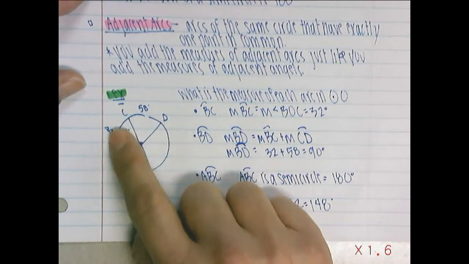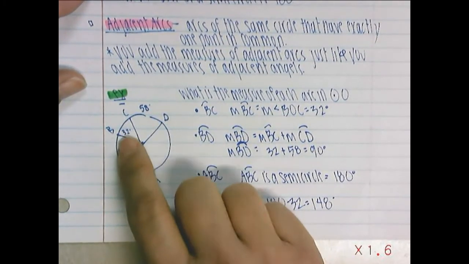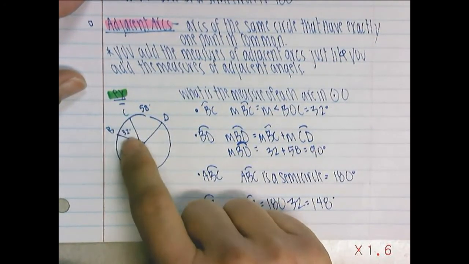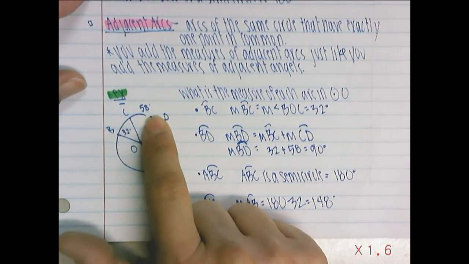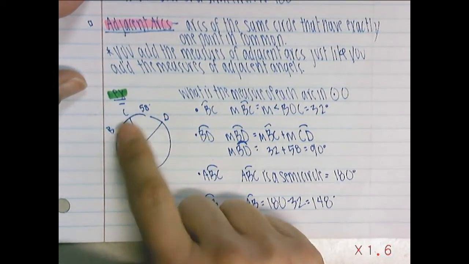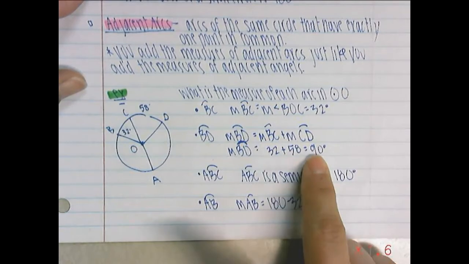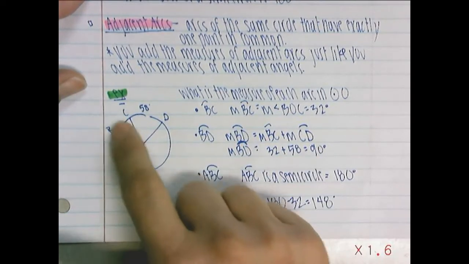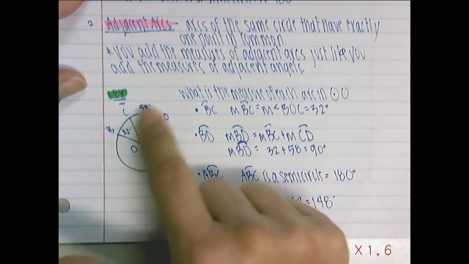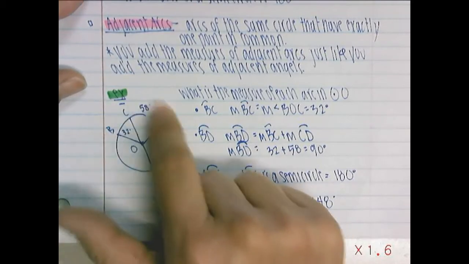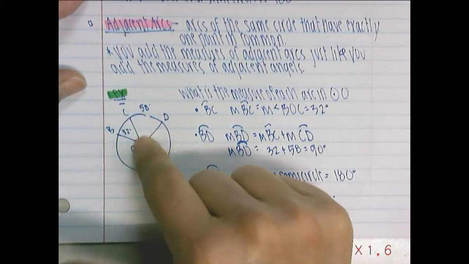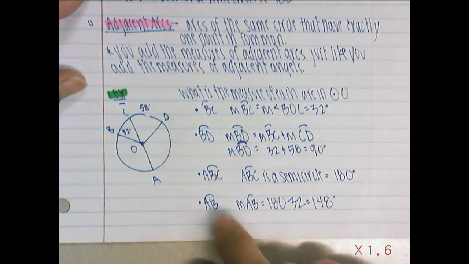Well, I know now that arc BC is 32, and I know the arc of CD is 58. I would simply add those two together, 32 plus 58, and get 90. These would be adjacent arcs, and I've added them together to find this total arc measure, all of BD. All right, they are touching, so they are adjacent arcs.